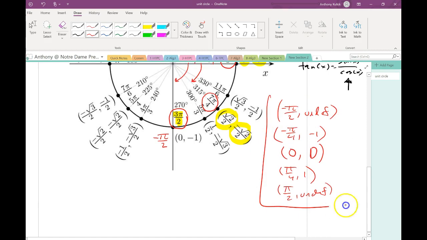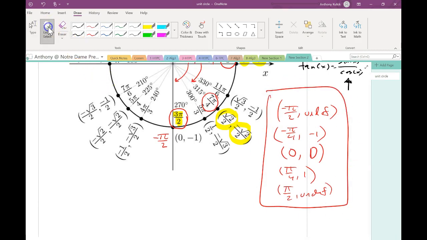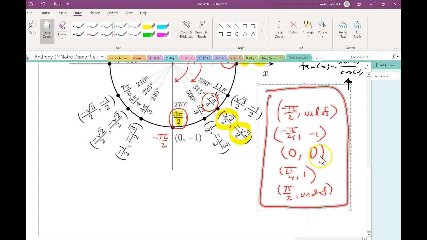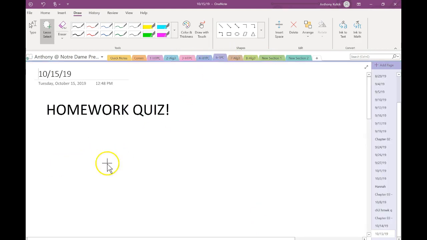So these are going to be our key points, or reference points, if you want to call them that. I think I use those two words interchangeably. They're meaning the same thing in this context. So we're going to use those to do our graphing, and we're going to graph just like we had for sine and cosine.